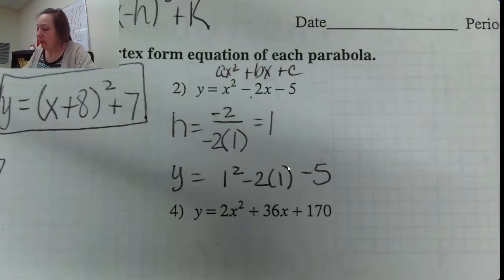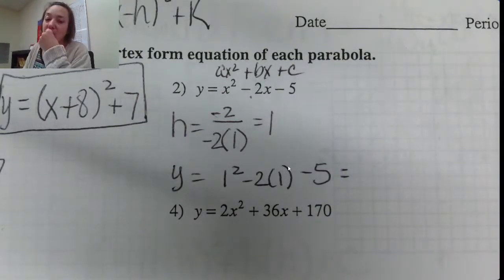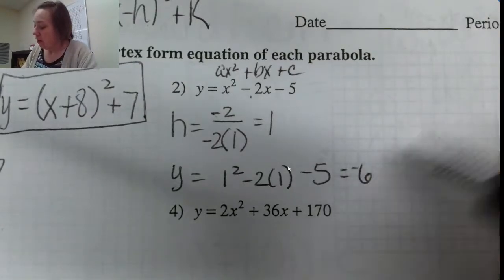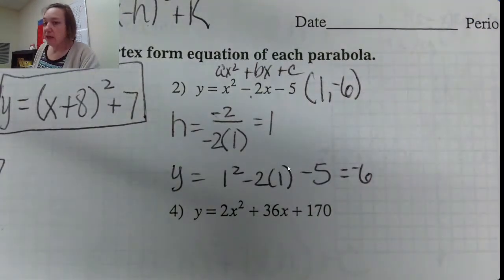All right, what'd y'all get for that math? Negative 6. So our vertex is 1, negative 6, right? So now our goal is to plug it into vertex form.